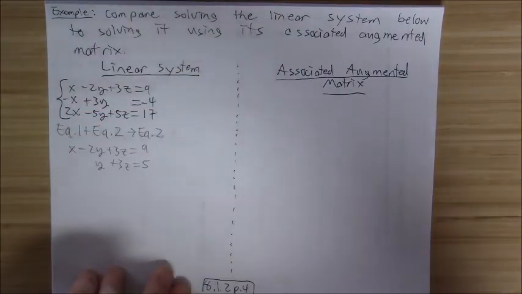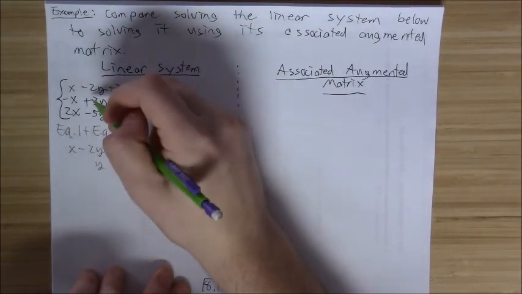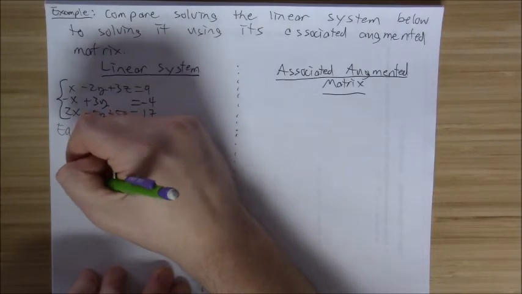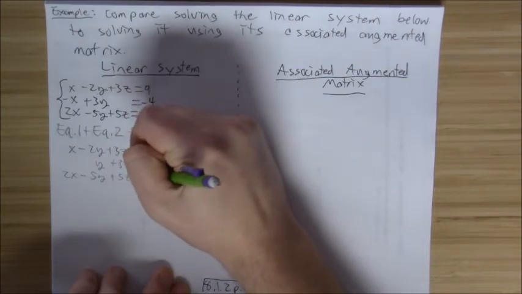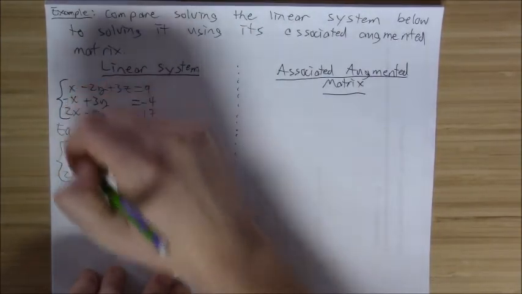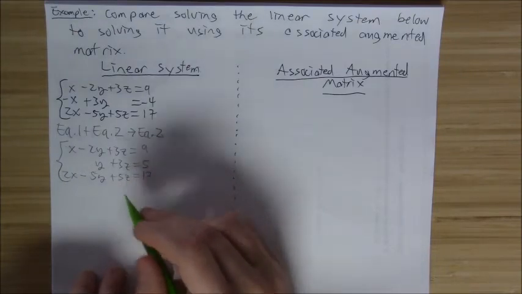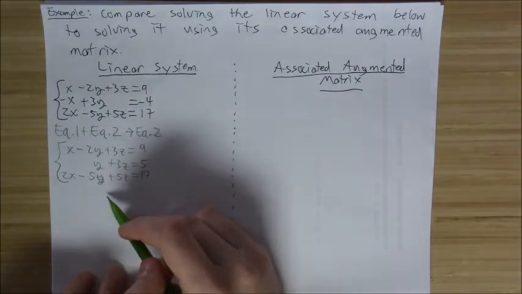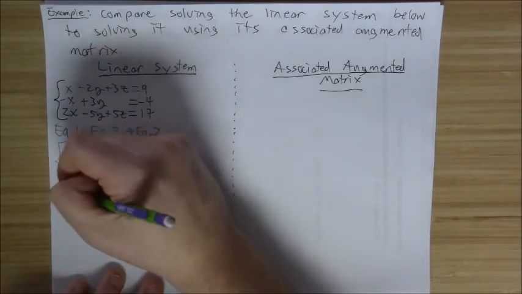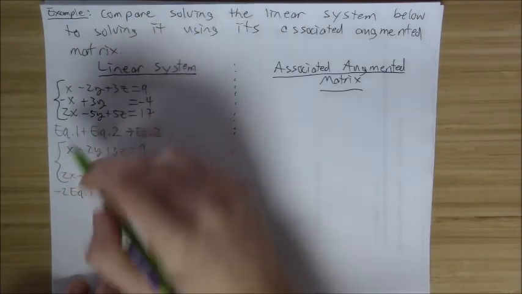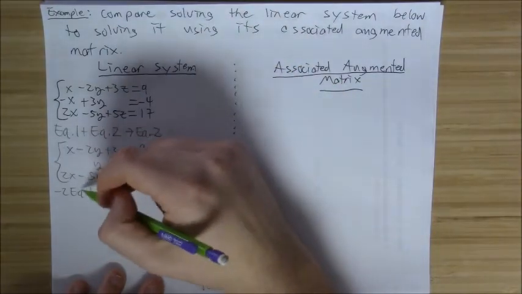And then the next one will be 2x minus 5y plus 5z equals 17. Next, we would add -2 times the first equation to the third equation to be able to eliminate the x there.